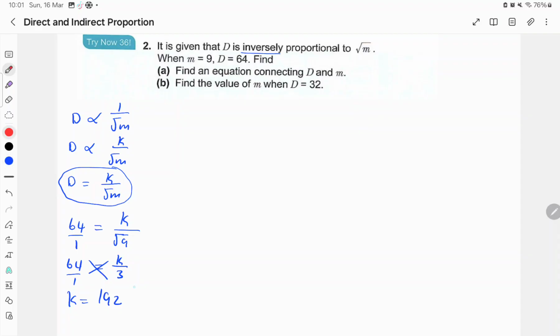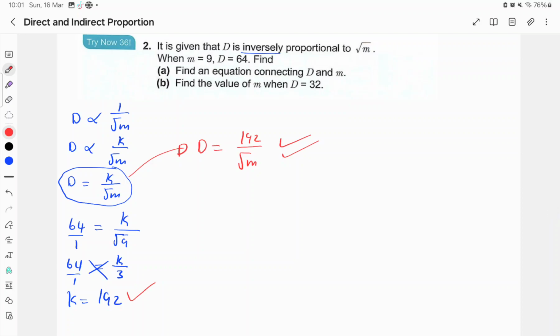You score a mark, yes, but you are not done. The question asks you to find the equation. Which one is your equation? Already this one is your equation, but with the value of K worked out: D is equal to 192 over the square root of M. This is your equation. Then you have another mark, sometimes even 3 marks for that. Okay, so we are done.